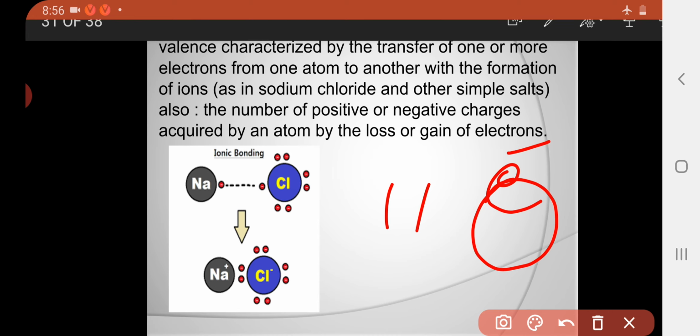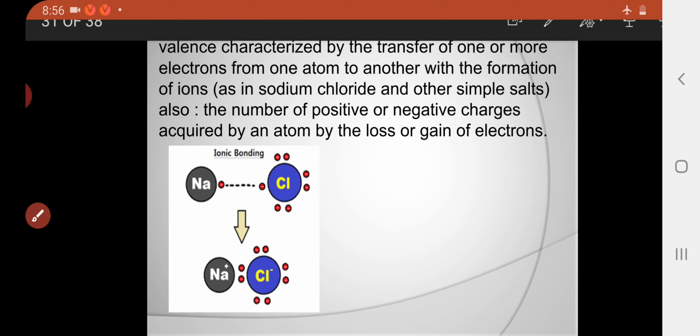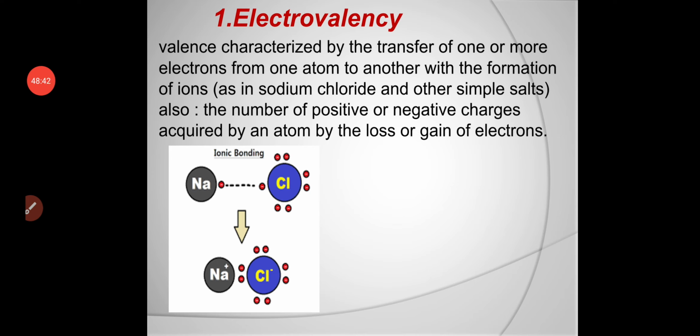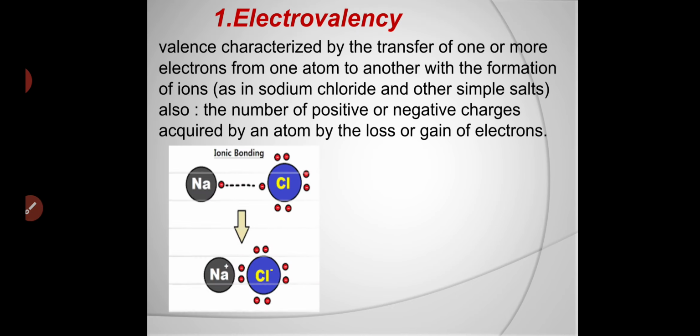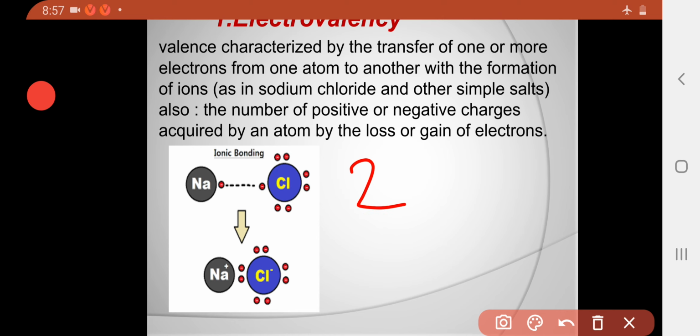So if you take chlorine, what is the atomic number of chlorine? It is 17. See the electronic configuration. The first orbit will be filled with 2 electrons, the next orbit will fill with 8 electrons, so 8 plus 2 is 10.